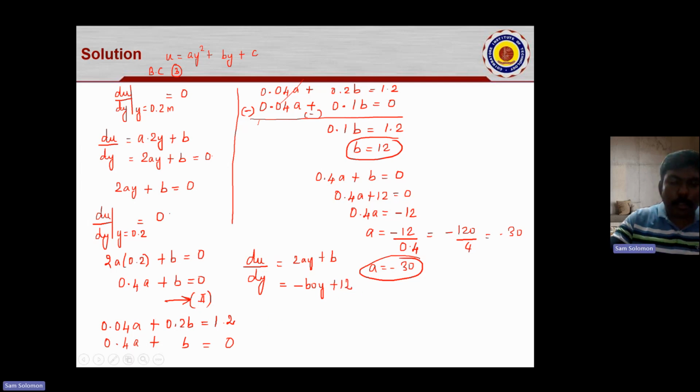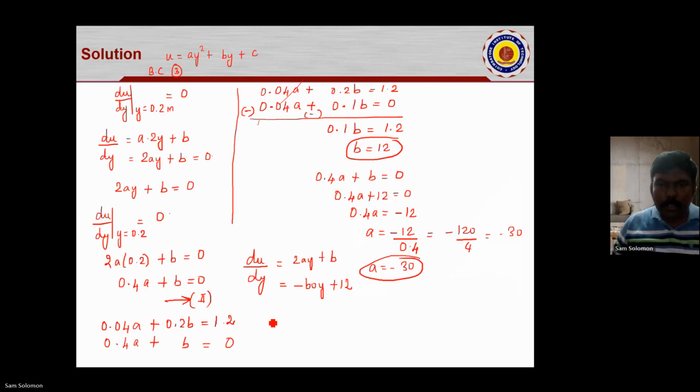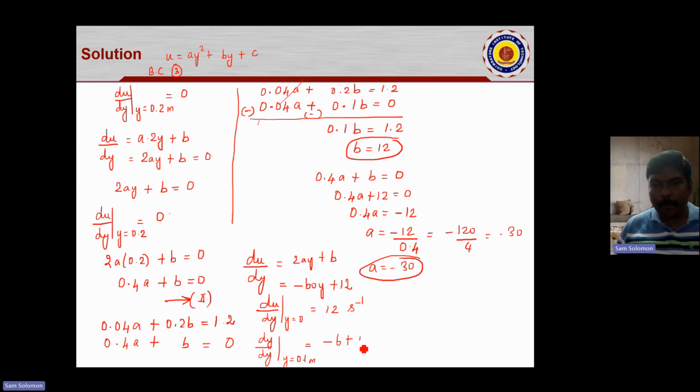So now in the previous slide, they want us to find it at 0, 10, and 20 centimeters. So du by dy at y equal to 0, you would get the value of 12, that is 12 second to the power minus 1. Then du by dy at y equal to 0.1 meter, that is 10 centimeters, you would get minus 6 plus 12.